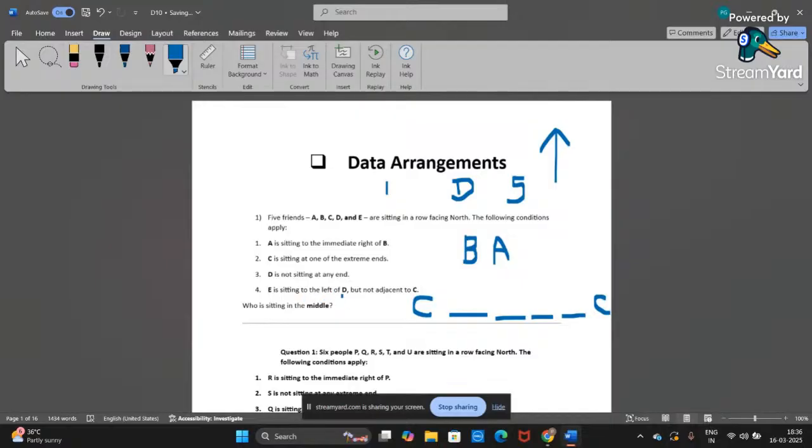E is sitting to the left of D but not adjacent to C. It will be here.